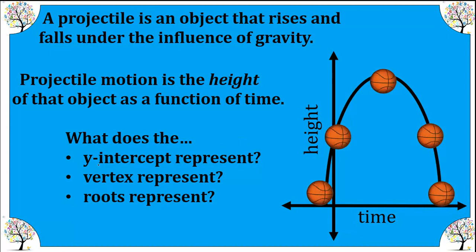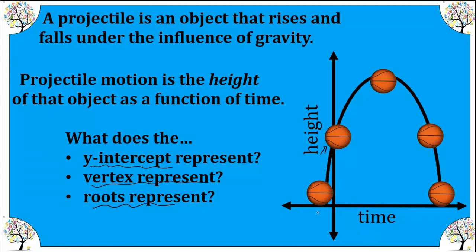So for example, let's talk about the y-intercept. In this situation, the y-intercept starts here on the y-axis. This point represents the initial height of the basketball before it was launched. Our vertex represents the maximum height that the ball reaches and how long it takes to reach that height.